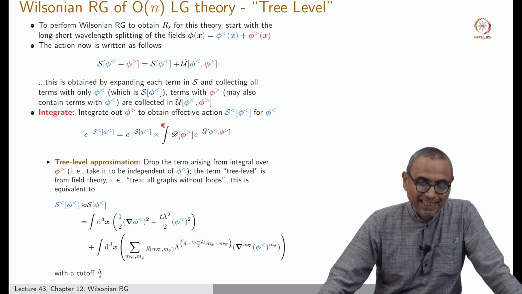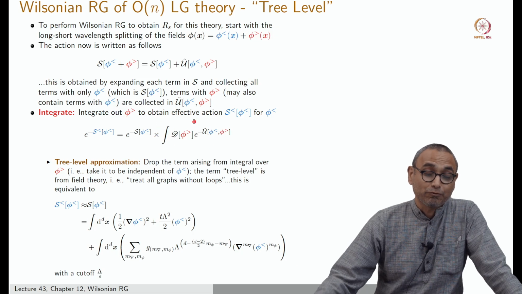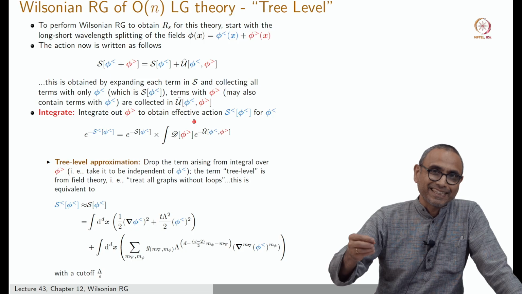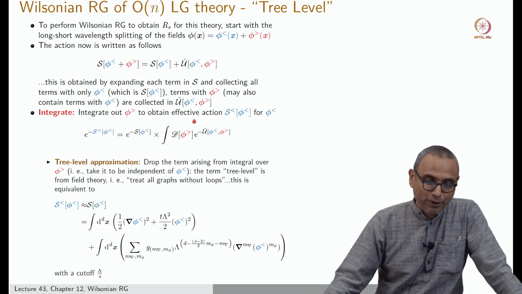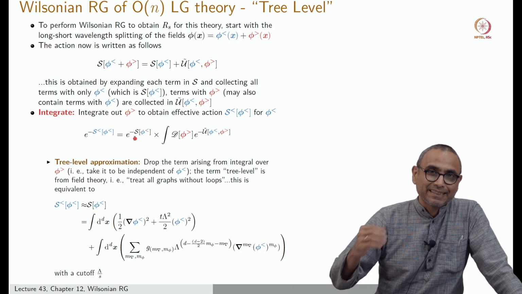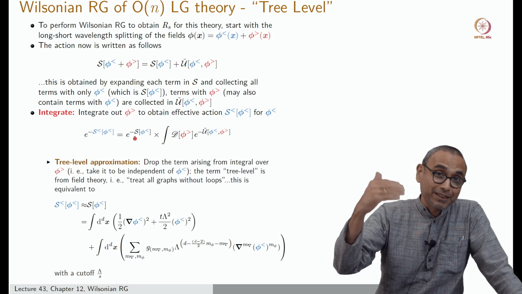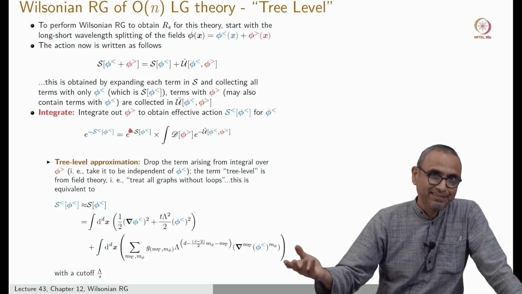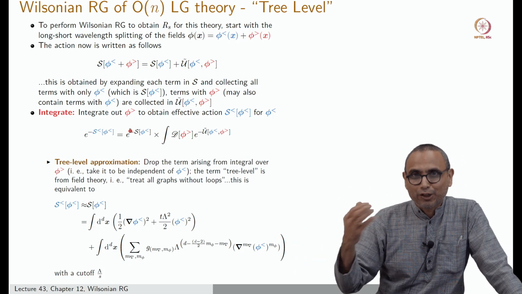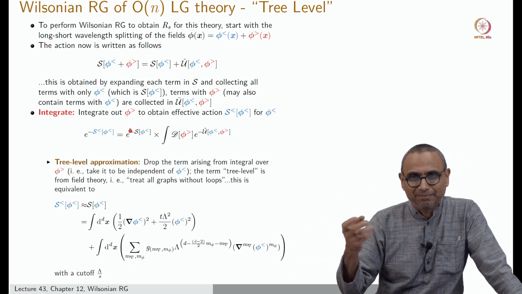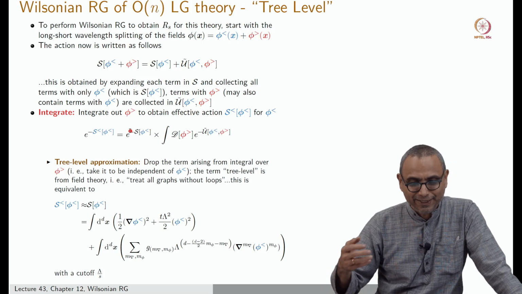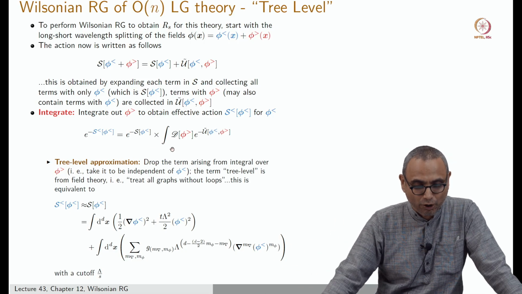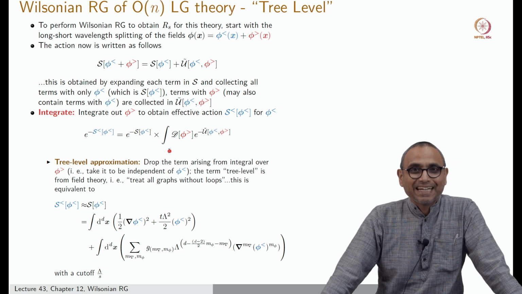That is like saying that this is taken to be 1, if you like. Why am I saying 1? If it is a constant that does not depend on phi less than, then you can write it as e to the power some other constant, and that is like shifting the action by some number. So we know that that will contribute only to some analytic piece to the free energy, etc. So we don't even bother to do it, we just drop it, and that is the idea of the tree level approximation.